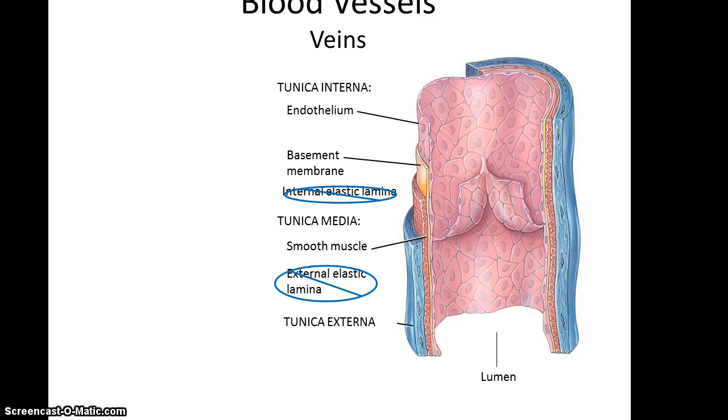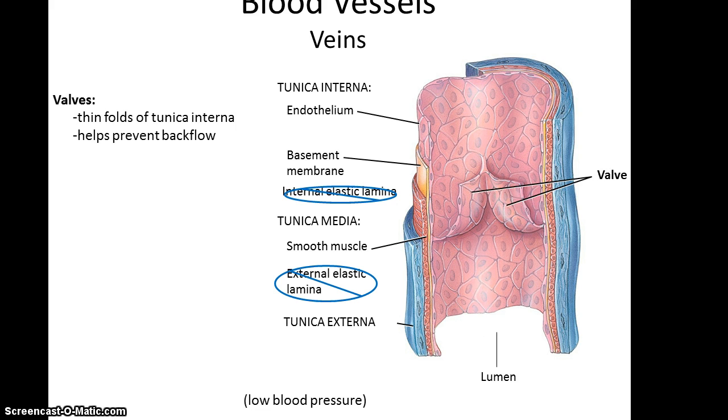So it's just cells with the basement membrane that they need in order to be properly joined together. The tunica media has the smooth muscle layer, but it also lacks the external elastic lamina. And then the tunica externa is the normal collection of collagen fibers and connective tissue that defines the vessel. So veins lack the lamina layers, probably because they're not quite as stretchy.